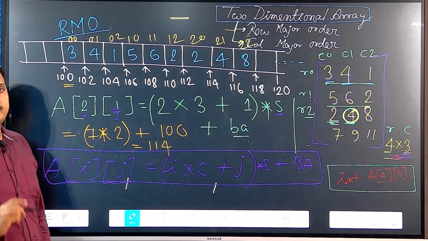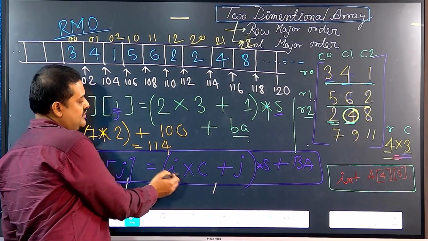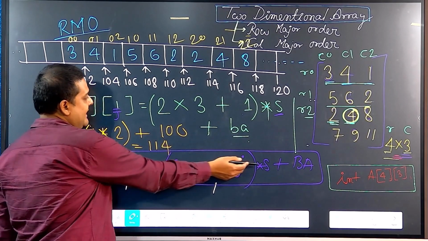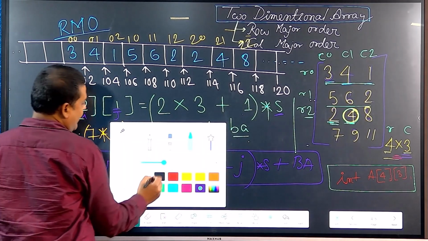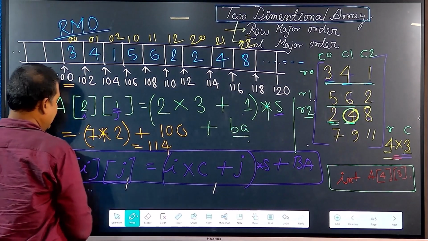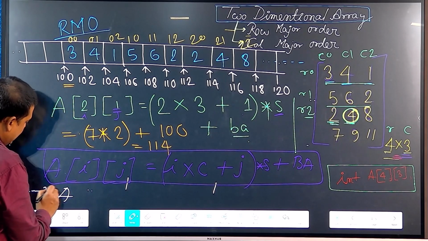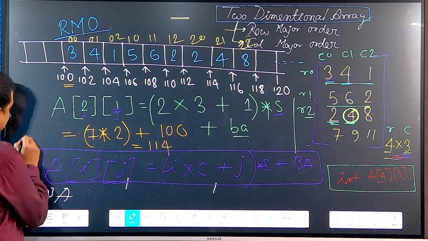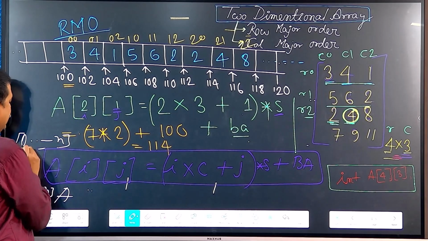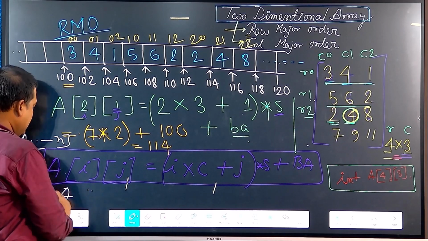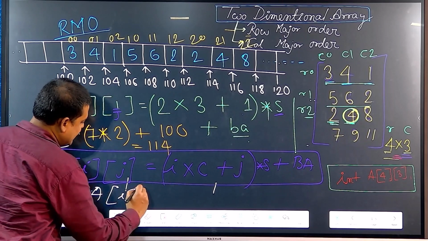This is the case where the index starts from 0 0 and we have the base address of the array. Now, if the index starts from 1, that is, from 1 to n, rather than 0, 1, 2, 3 till n, what will be the address of A of i j?